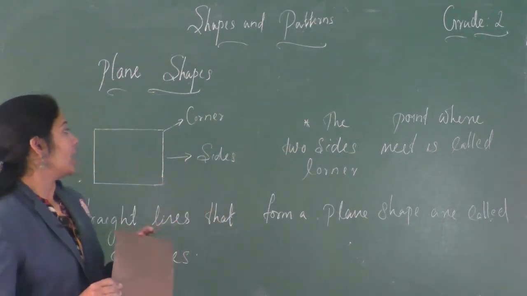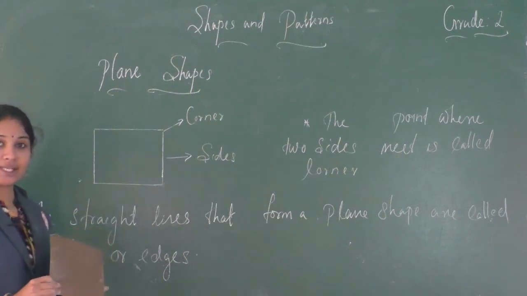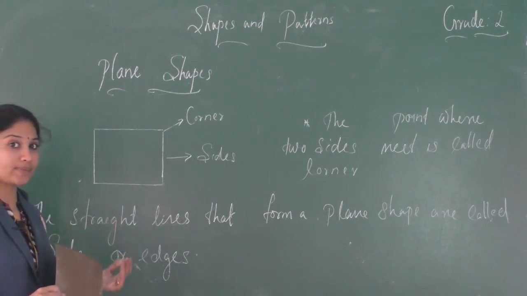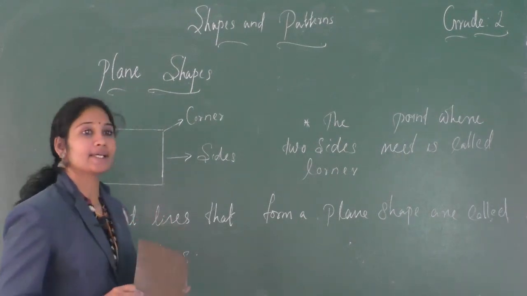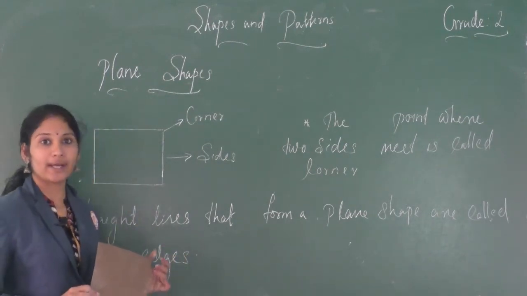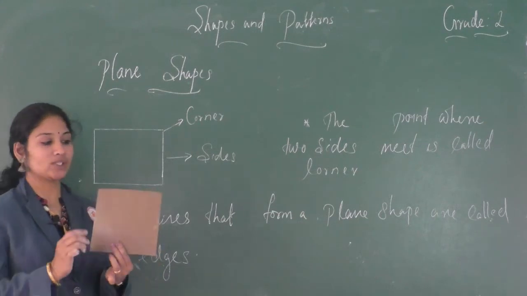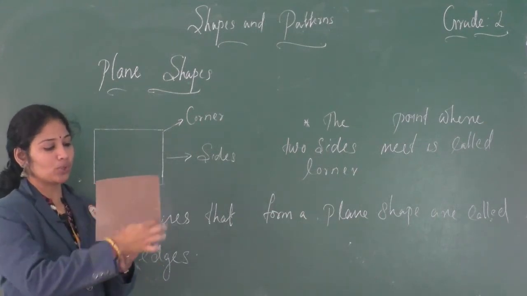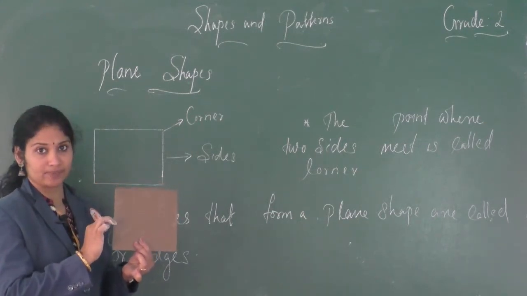And how many edges are there? What is edges? Yes, the straight lines that form a plane shape are called sides or edges. So how many edges? 1, 2, 3, 4 edges.